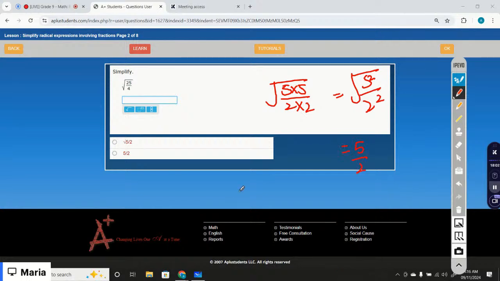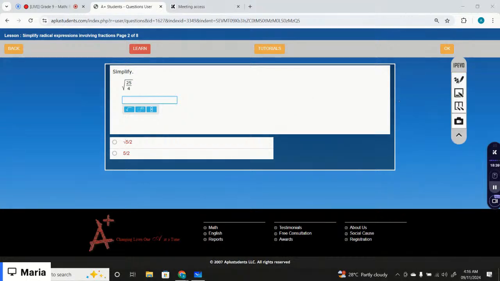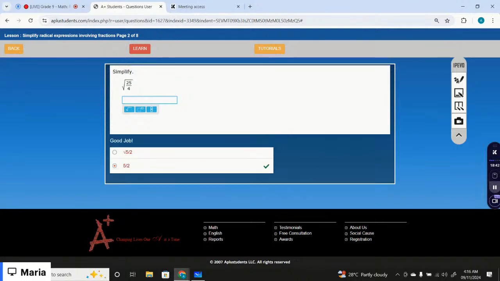That is 5 over 2. Option number 2 is the correct option.